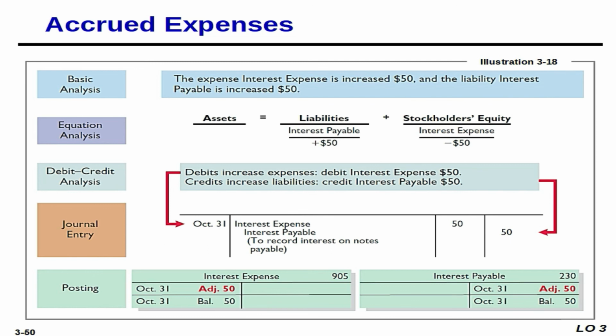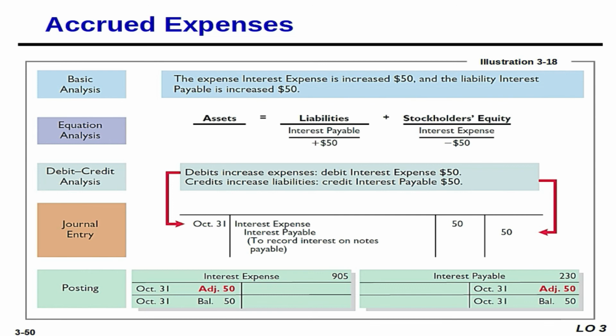Now, don't get confused by the negative under the interest expense, because they're talking about the totality of the elements. So even though interest expense has increased, it's going to be subtracted from the totality of stockholders' equity. The payable is going to be added to the totality of liabilities, and so forth.